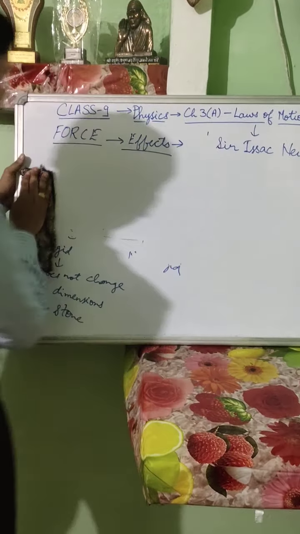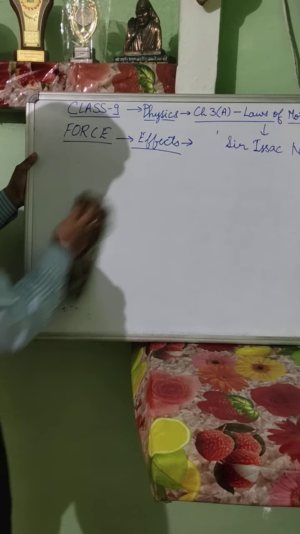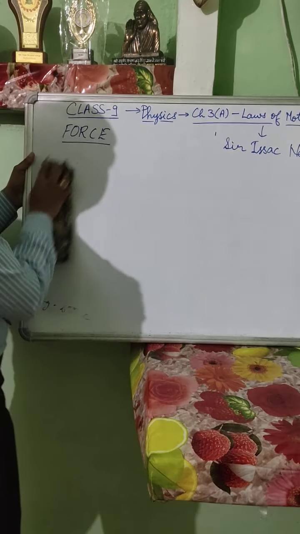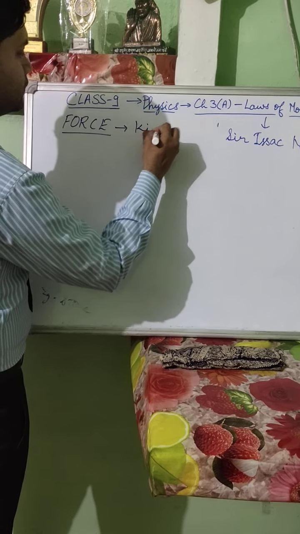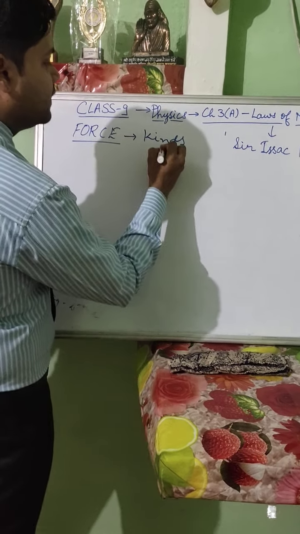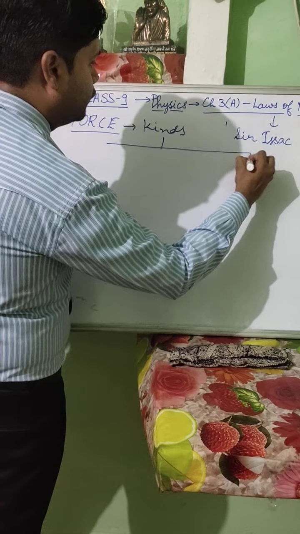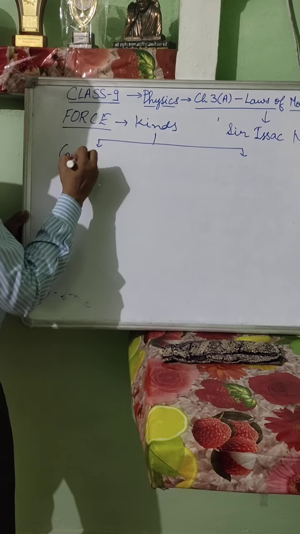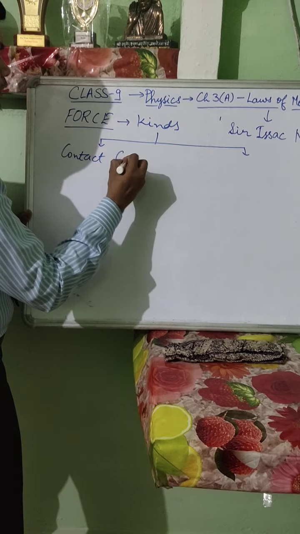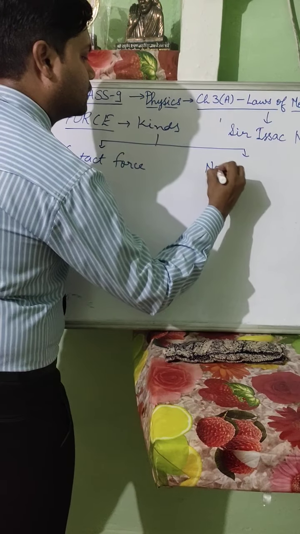Further, moving into the next topic in the chapter, now we are going to study the kinds of forces. We have studied the effects of force. Now we are going to discuss its kinds. Basically, forces are of two types. What are they? Contact forces and non-contact forces.